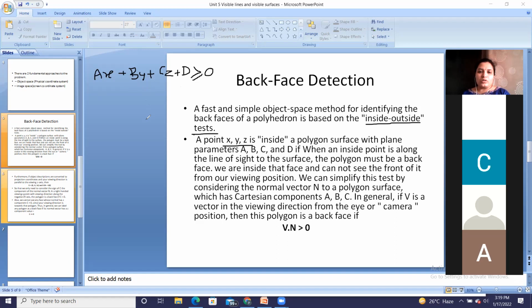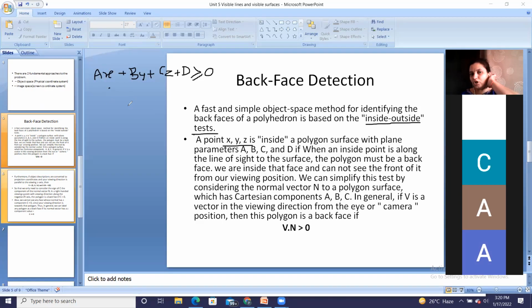Okay. So here, AX plus BY plus CZ, if we put the point coordinates in it. But before going deep into this, we will first read what the normal is and how to determine whether the normal is pointing towards the user or away from the user.